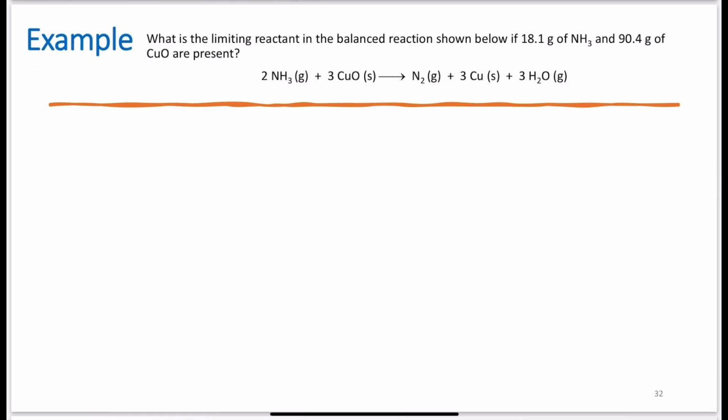But what does that mean? It means I need 5.75 grams of magnesium to react all 60 grams of my I2.